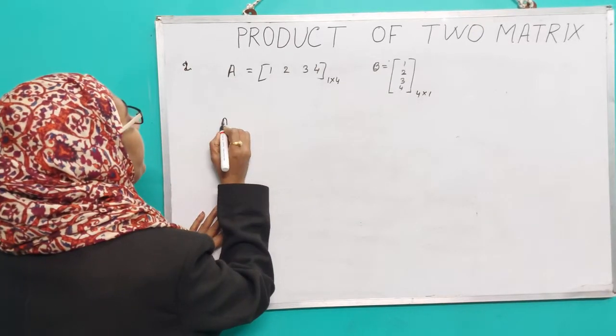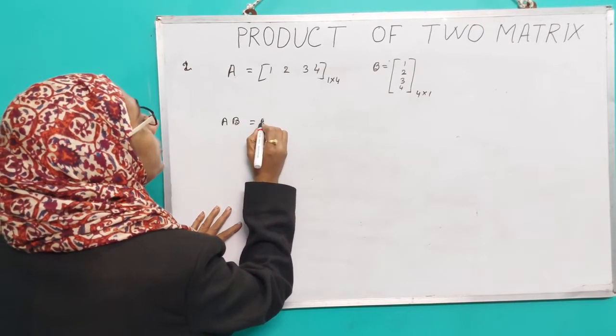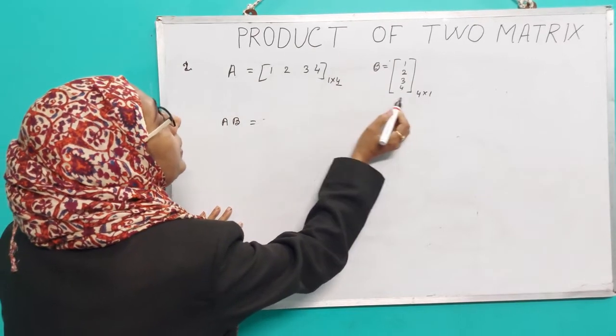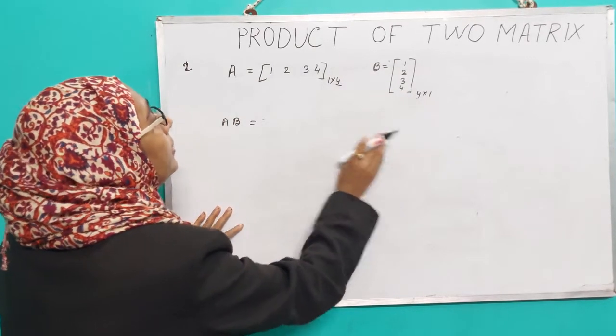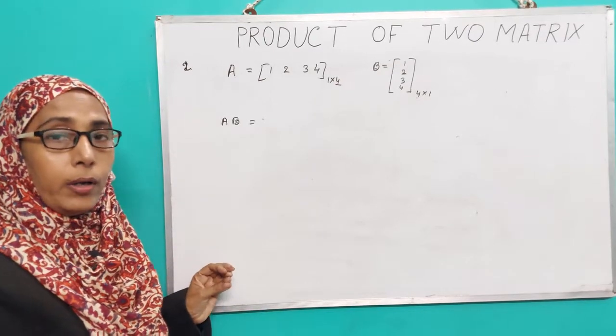Therefore, AB: here the number of columns of A is equal to the number of rows in B. So, A and B are conformable for product.